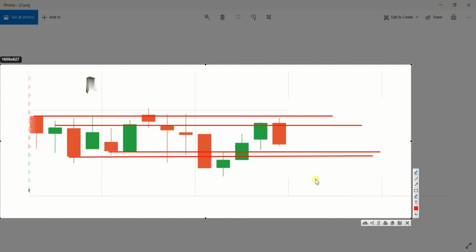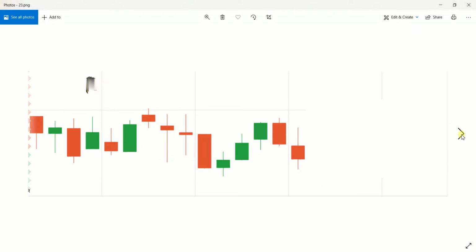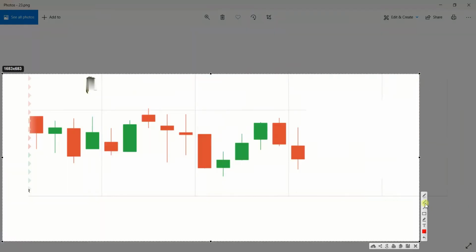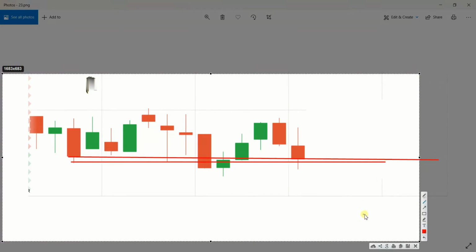The market may continue or it may reverse, so we don't want to predict. We just want to trade with the levels, so we need to wait. Okay, again you can see there is a bearish candle, but now as you can see the market closes at the level.